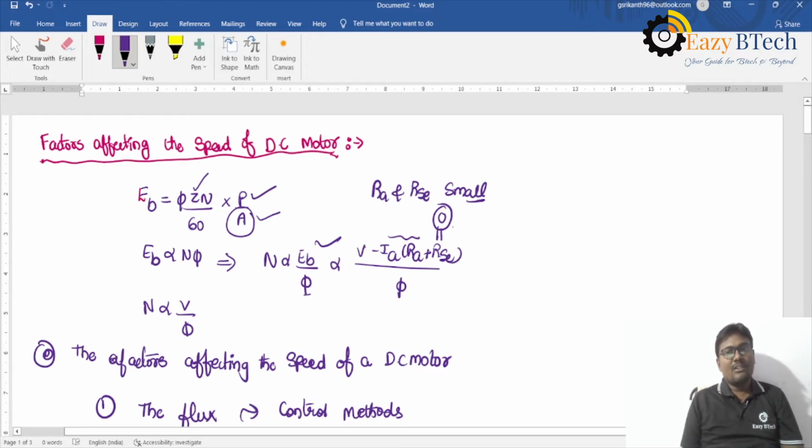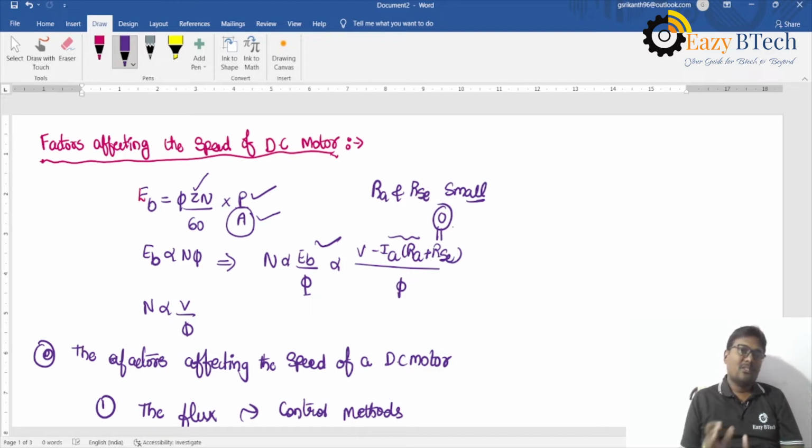So why are we going for the speed control of a DC motor? Based on our requirement. Generally, I am giving the example of a fan. The fan is working with AC supply. In the summer season you require more air, that's why you keep the regulator at position 5. In winter, you keep the regulator at position 1 based on your requirement.